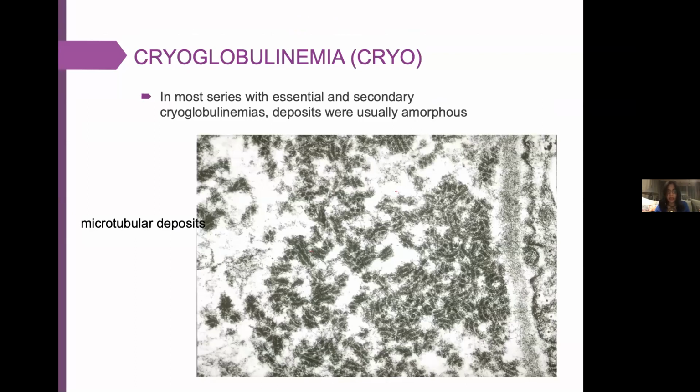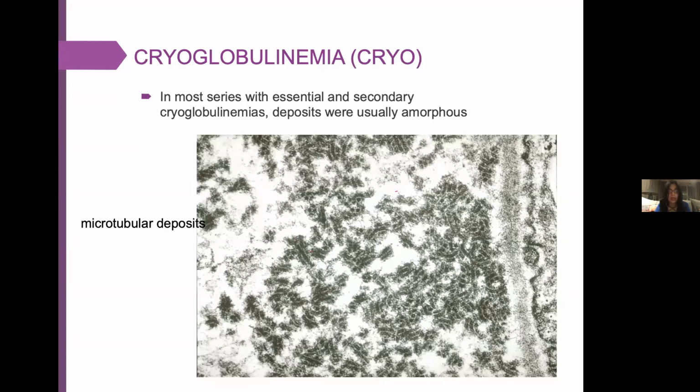Another differential diagnosis which I care about is cryoglobulins. I'm not going to get into details about cryos, but cryo is a very important issue for us here in Egypt. We all know that even with the new DAAs, we still see patients with cryoglobulinemia post-treatment or with newly discovered HCV.